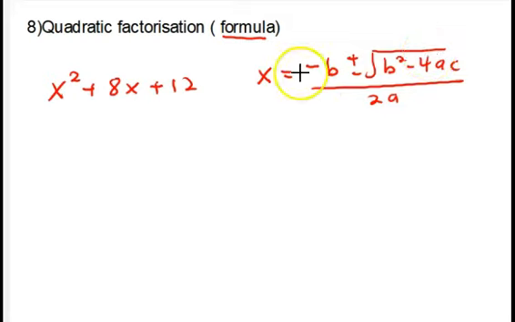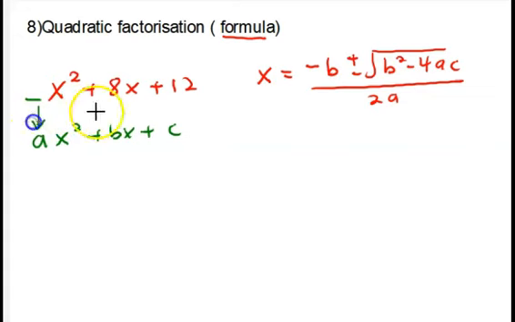I'm pretty sure you have seen this formula in year 9 or year 10, depending on your school syllabus. Now we write down the quadratic equation. This part is a, this is b, and this is c. So a here will be 1, b here will be 8, and c will be 12.